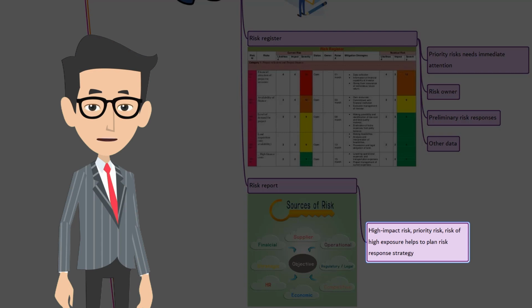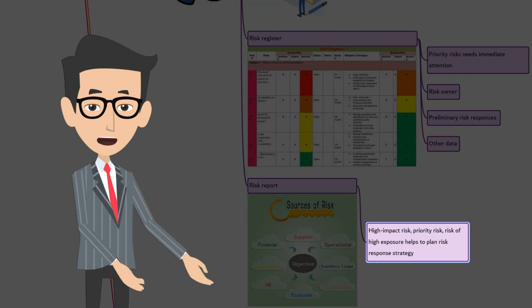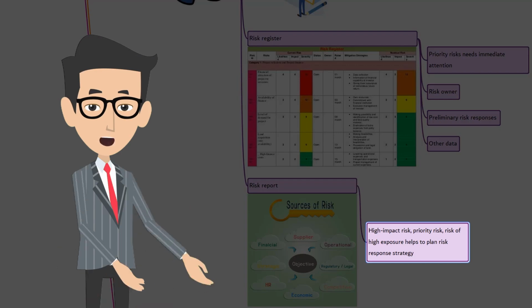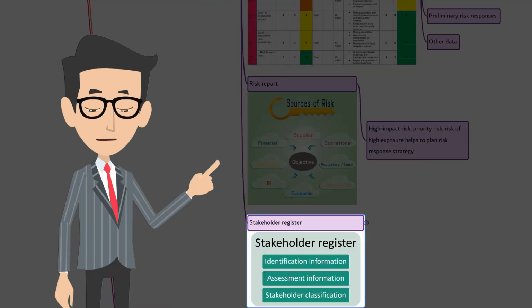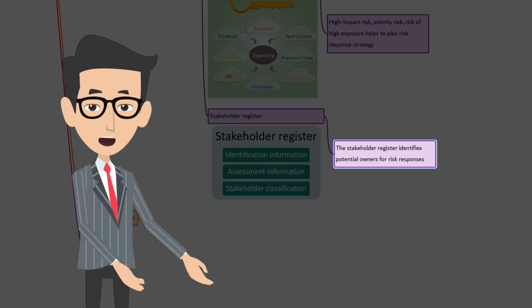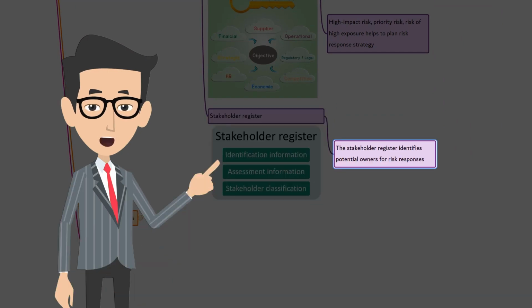Analyzing the type of risk trend, metrics, and risk source can help to find more information about the risk and plan the risk response accordingly. Stakeholder register. The stakeholder register identifies potential owners for risk response.